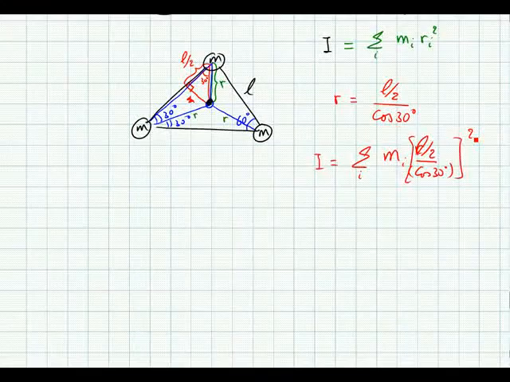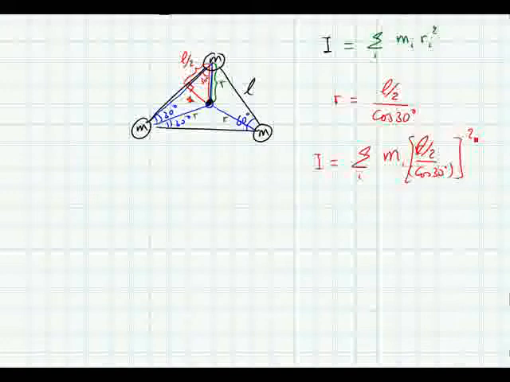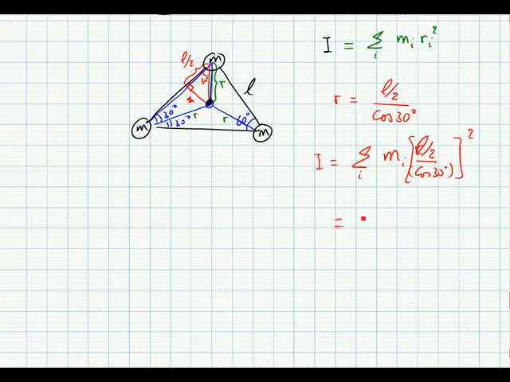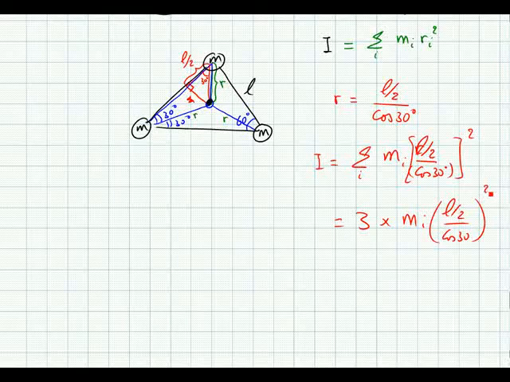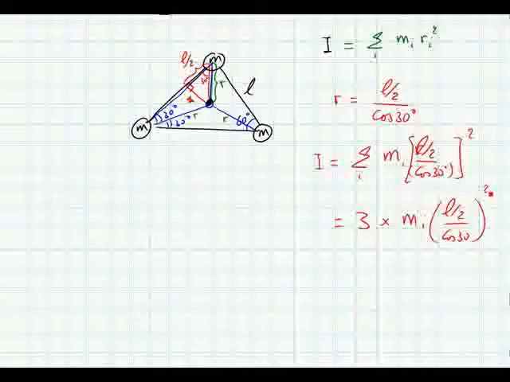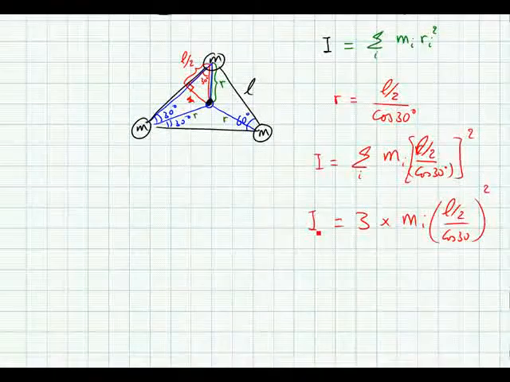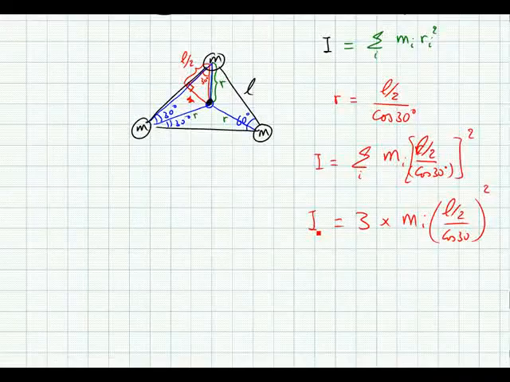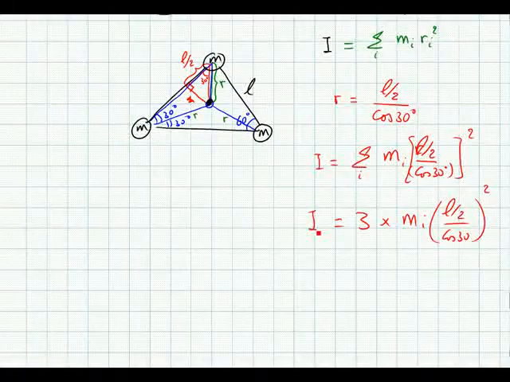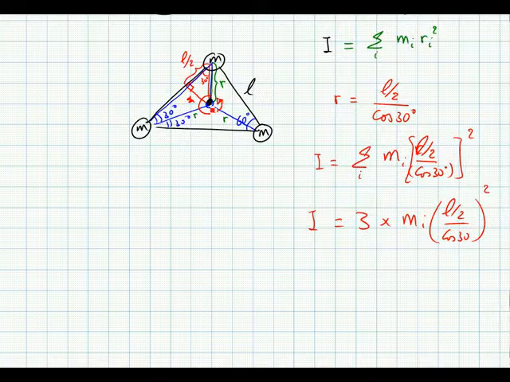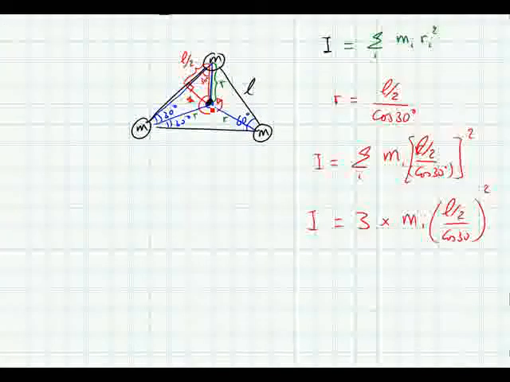So this is R squared, and since we have the same masses, simply 3 times m L over 2 cosine of 30 all squared. So that's the moment of inertia of this extended body shaped in the form of an equilateral triangle rotating about its center.